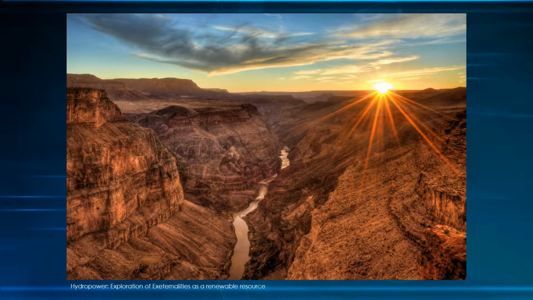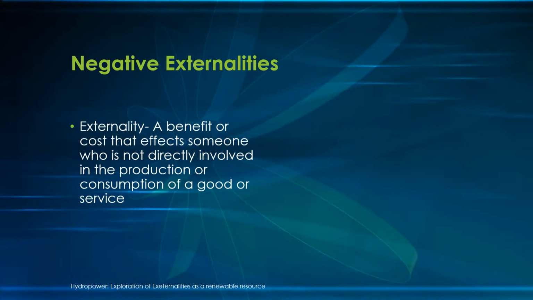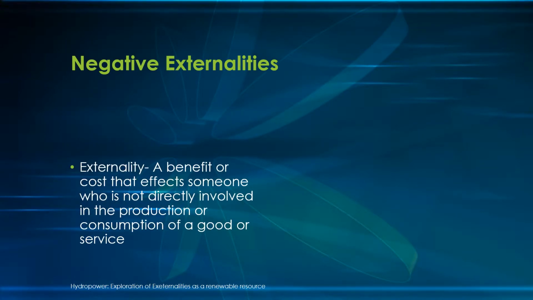In order to capture the power of that river, you have to build a dam. The construction of the dam not only takes away from the aesthetics of the surrounding landscape, but it also creates a lasting impact to the local environment. The damage that's created in the construction of dams is my first example of a negative externality associated with hydropower.